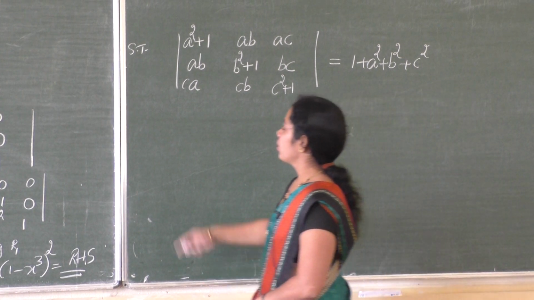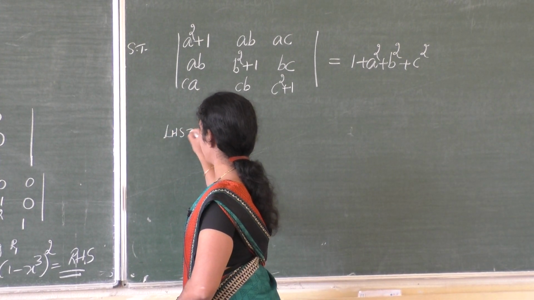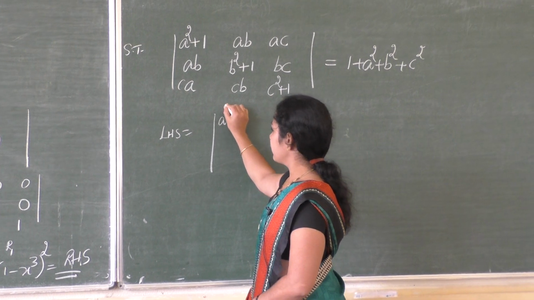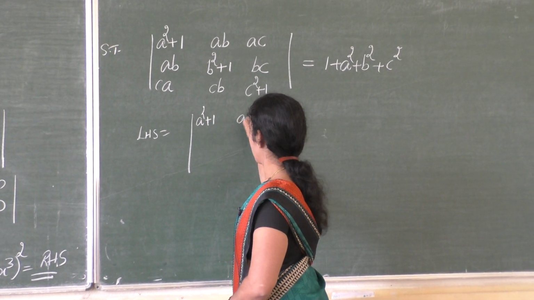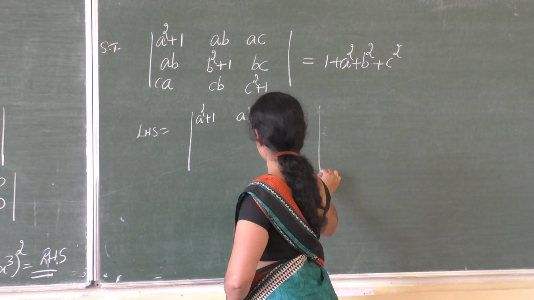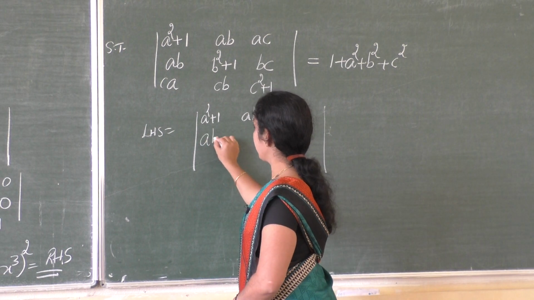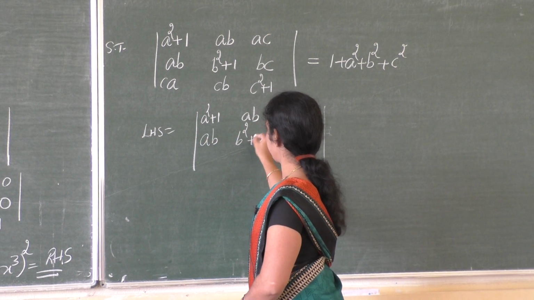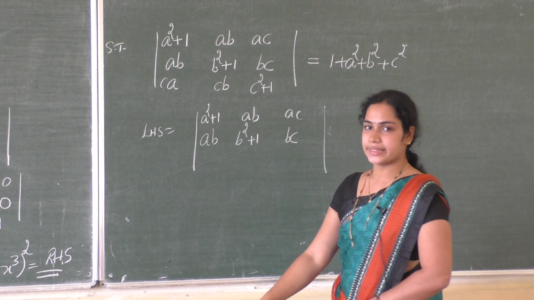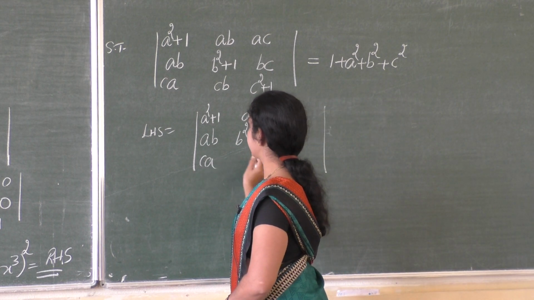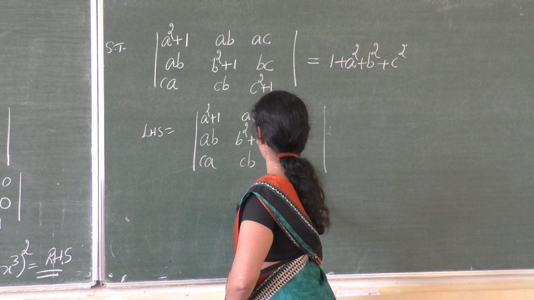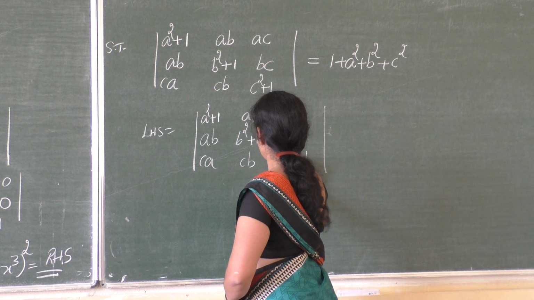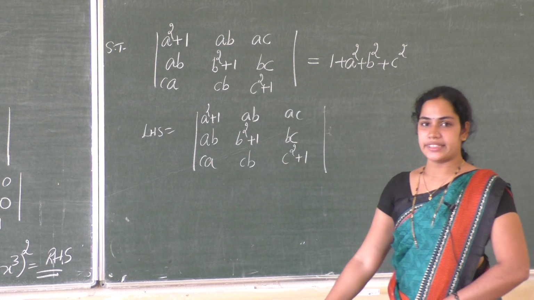See, what is LHS we have here? a square plus 1, ab, ac; ab, b square plus 1, bc; third row ca, cb, c square plus 1.